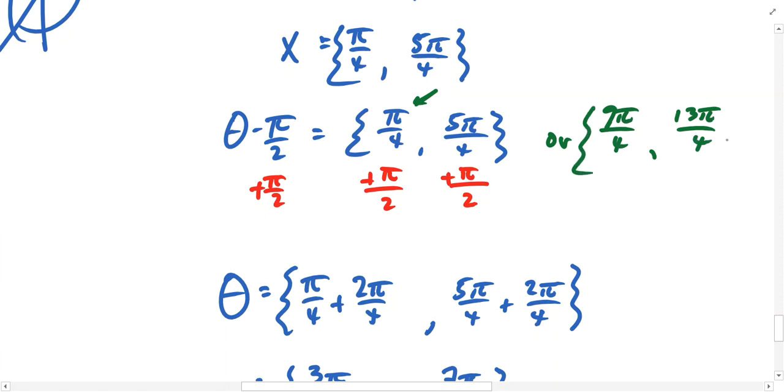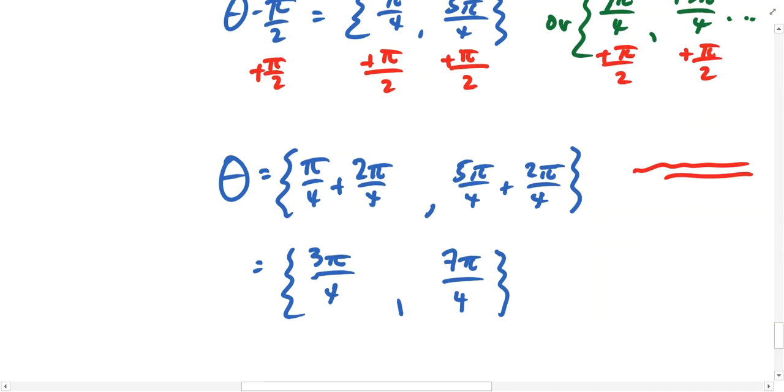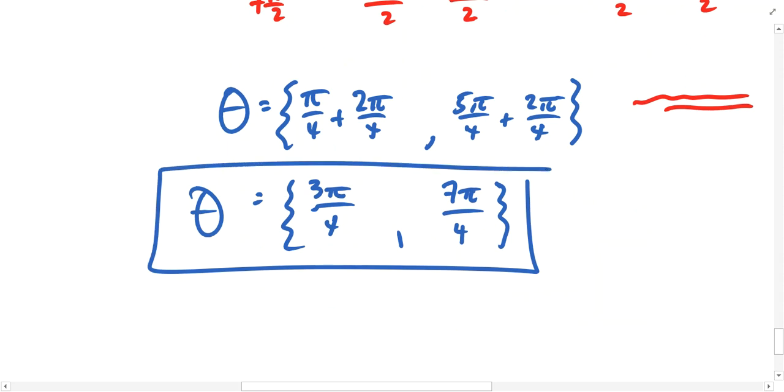If we had used those as additional positions around the unit circle, then I caught myself here, we're not subtracting pi over 2 or 2 pi over 4. We're adding 2 pi over 4. If I were to add pi over 2 to these numbers, that would have produced solutions that are well beyond the unit circle itself. So I would stop here with these solutions, knowing that they are the only results that exist inside the unit circle.